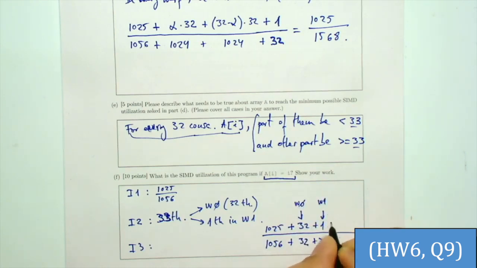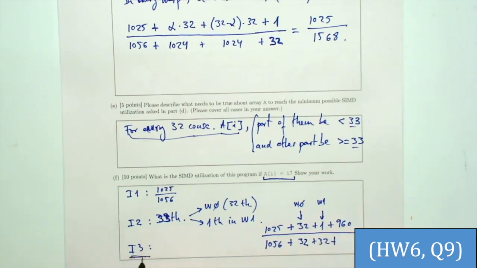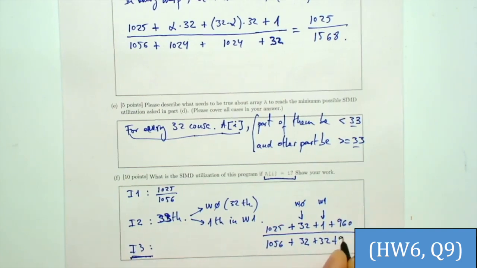And then we have 960 threads that all execute instruction 3, 960. And then we have the last warp with one single thread out of 32. And this will give us 1025 divided by 1072.